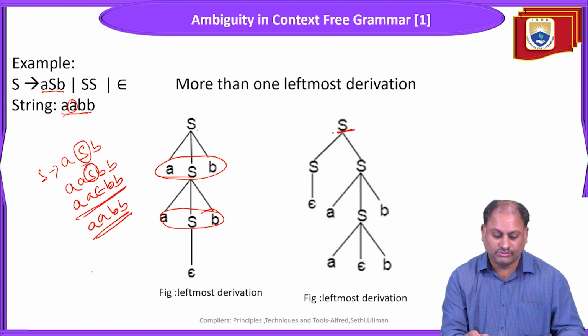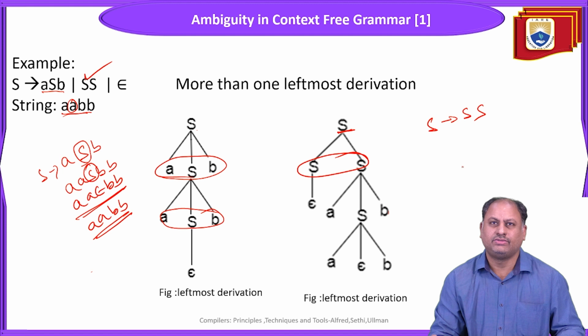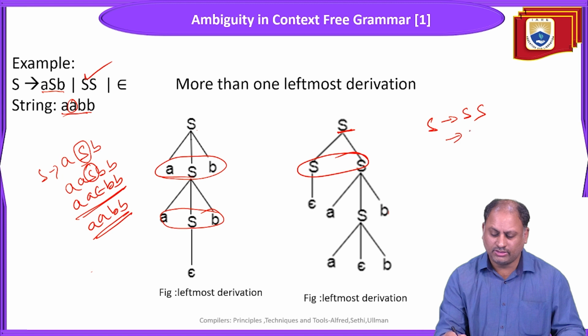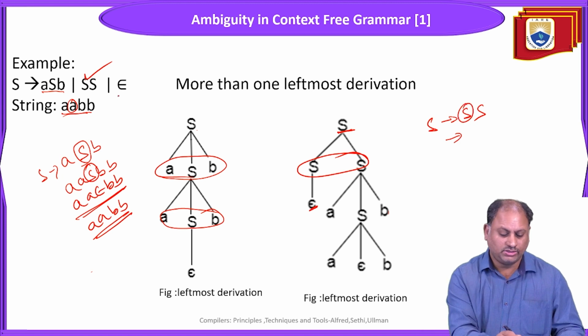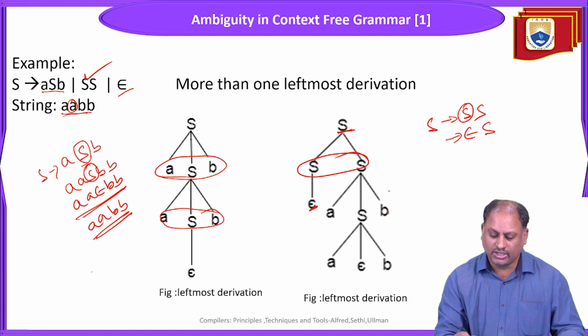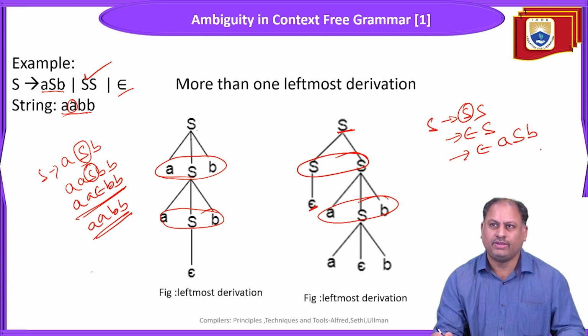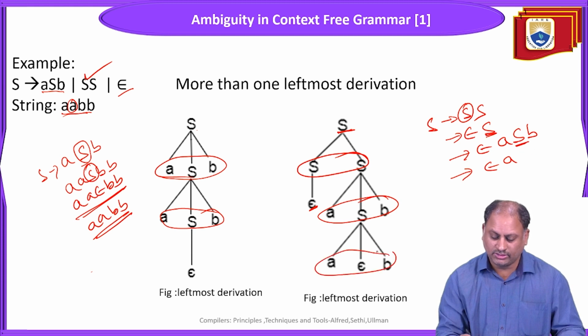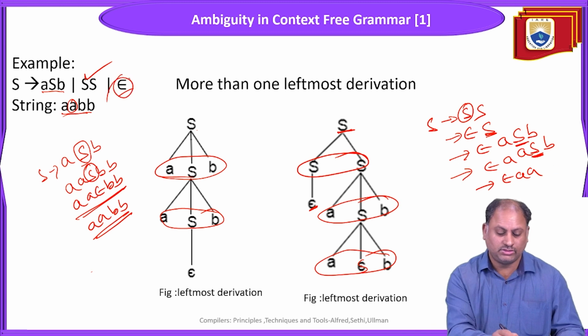Here in this case, we applied S derives capital S as a second rule. We can take any of the production rules. So based on this, we applied S derives epsilon as the third rule. And in the second, we have applied this as A capital S B. And in the third, here capital S, ASB, and in this case epsilon, S derives epsilon as this rule.